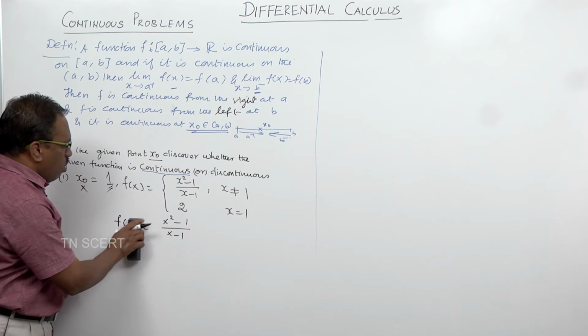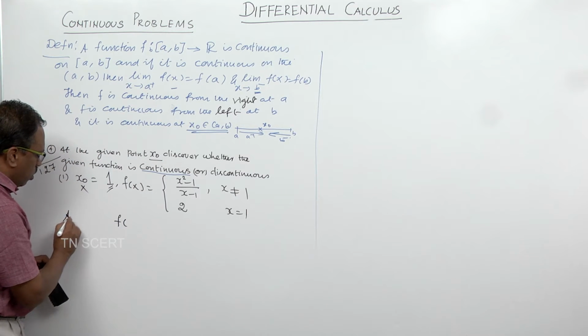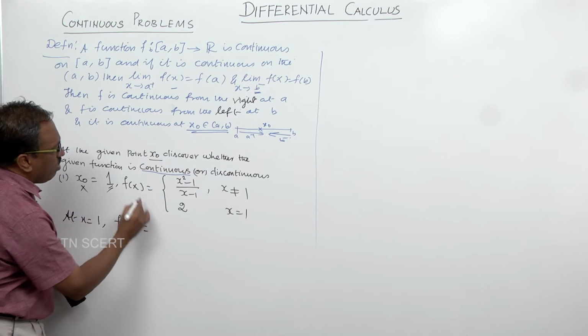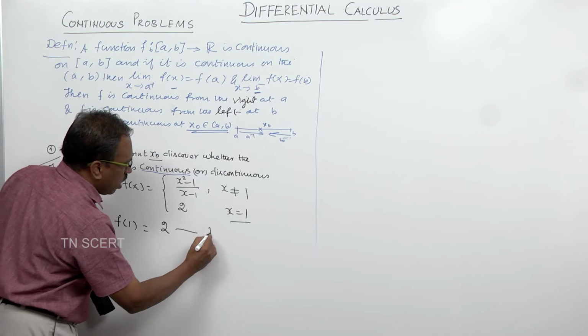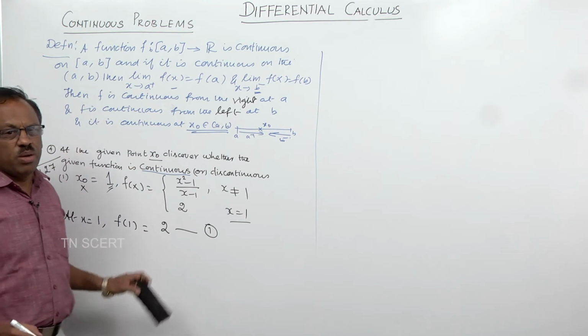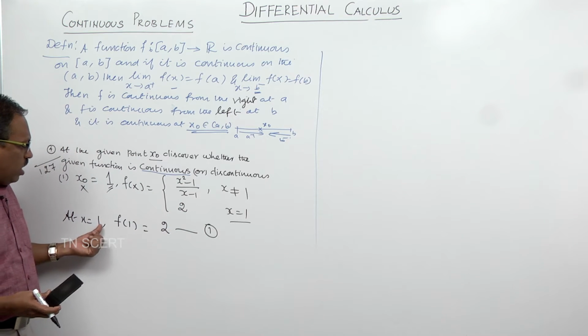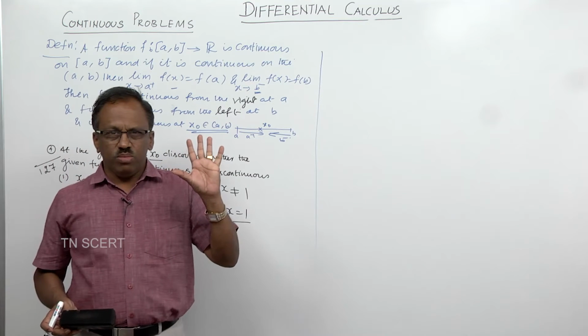So, according to the question, at x is equal to 1, that means f of 1, when I substitute this value, carry over 2, that is the first result. At x is equal to 1, f of 1 is equal to 2. Okay, we got that.